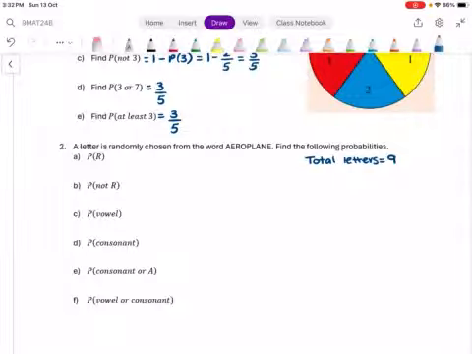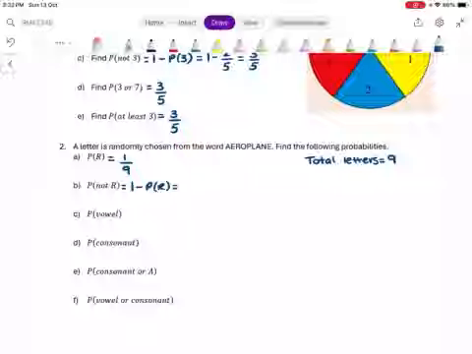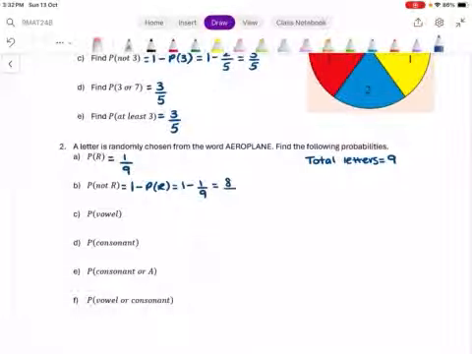To work out the probability of not an R, it is going to be 1 minus the probability of an R, which is equal to 1 minus a 9th, which equals 8 over 9. Now, the probability of a vowel. Vowels are the letters in the alphabet A, E, I, O, or U. So the letters that are vowels are A, E, O, A, and E. And so there are 5 of those letters.